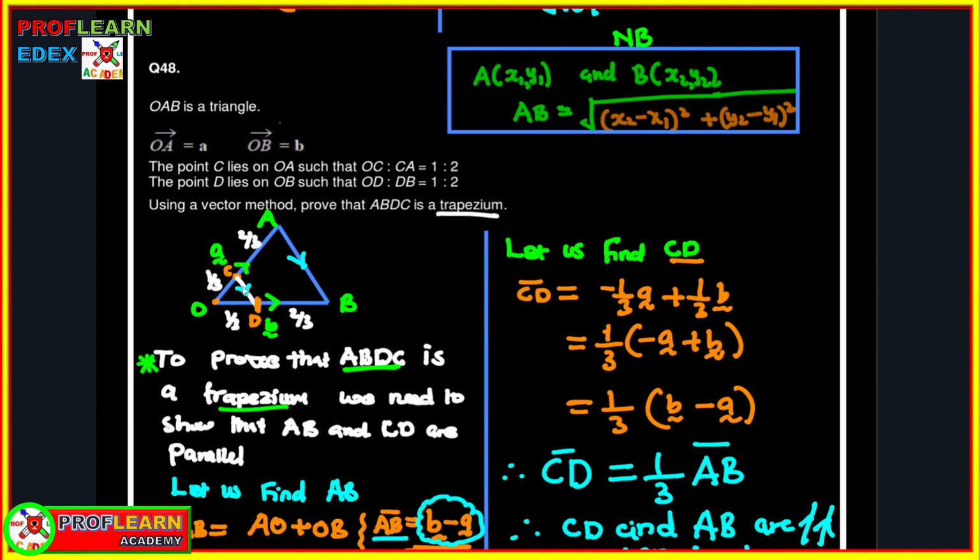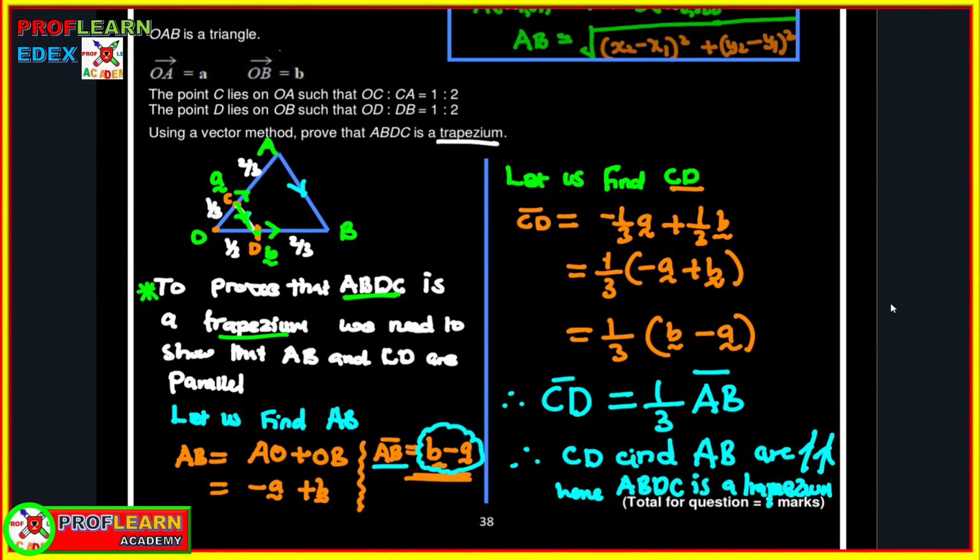I've indicated the ratio in which OA is divided by C and OB is divided by D. So if I draw this straight line, I can say if we manage to prove that CD and AB are parallel, then we have confirmed that it is a trapezium. And how will you prove that they are parallel? You need to find what CD is and what AB is. Then you check whether they are multiples of each other.